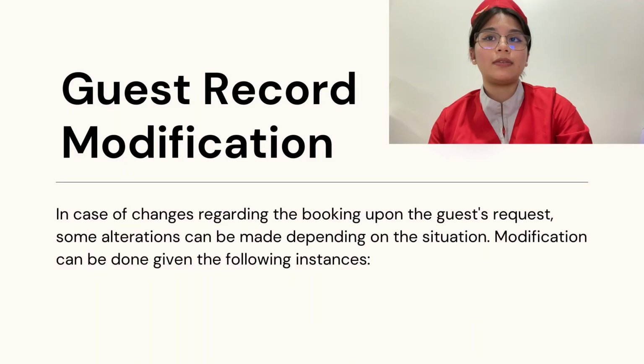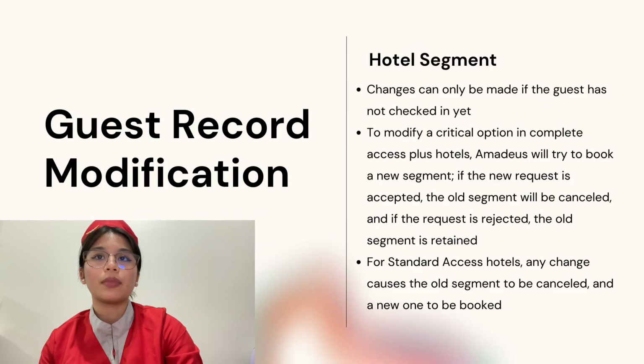So in case of changes regarding the booking upon the guest request, some alterations can be made depending on the situation. Modification can be done given the following instances. First, changes can only be made if the guest has not checked in yet.